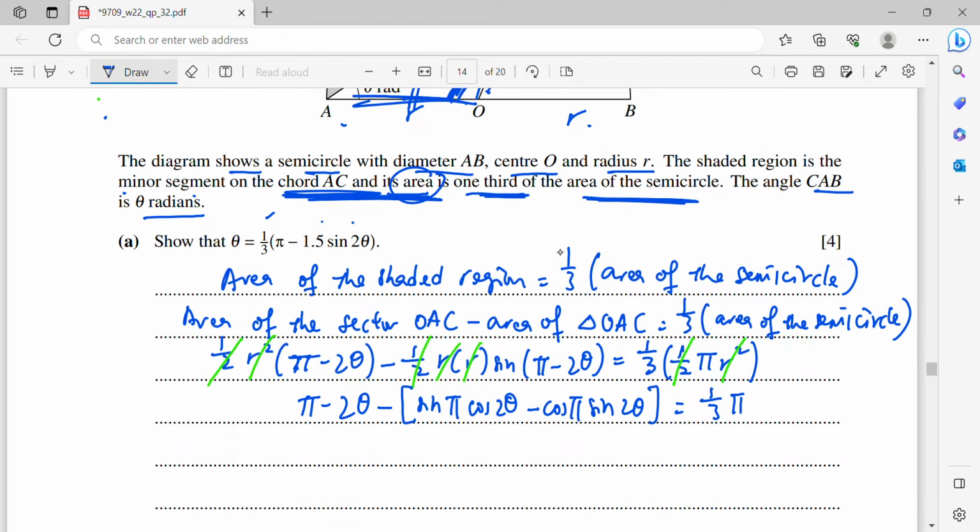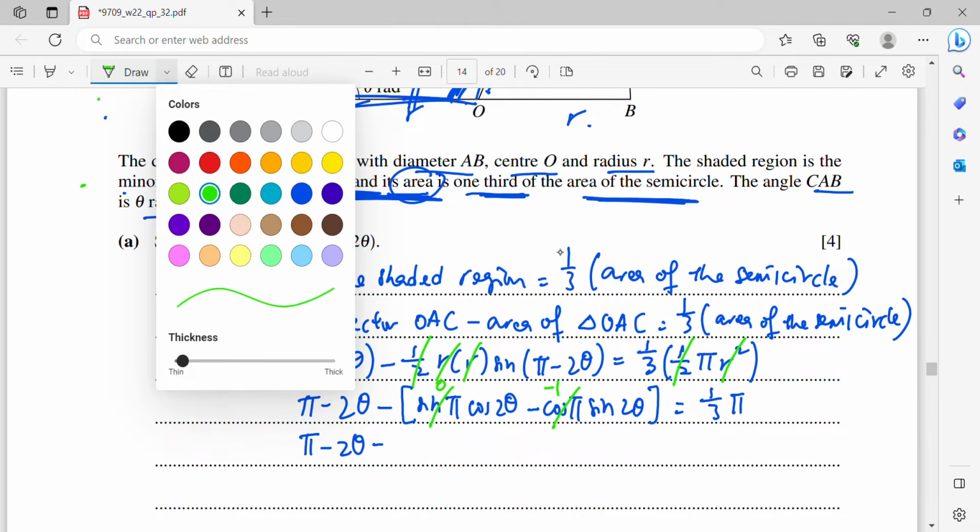Okay, so now we need to show that theta is 1/3 of pi something. So now we simplify first. Pi minus 2 theta minus, for your information, sine pi is 0 and cos pi is minus 1.